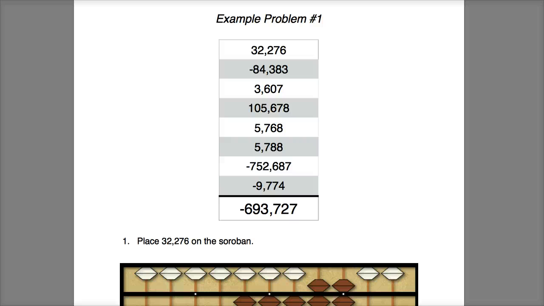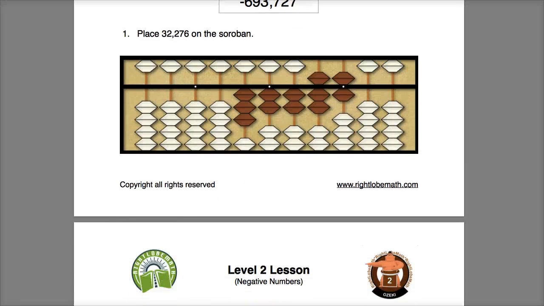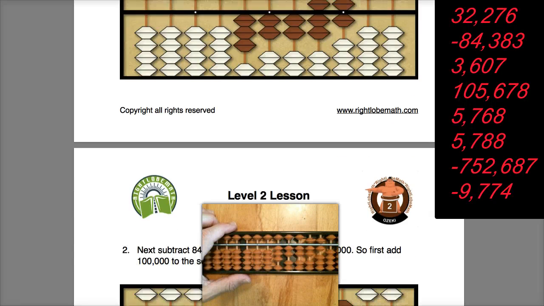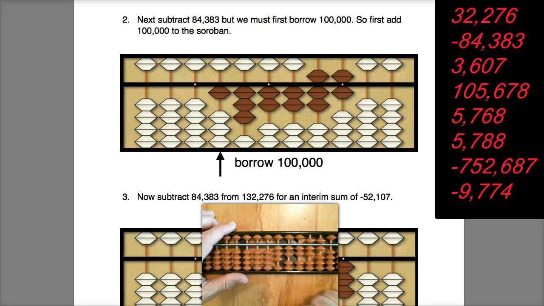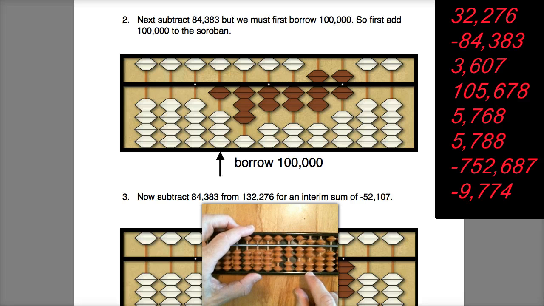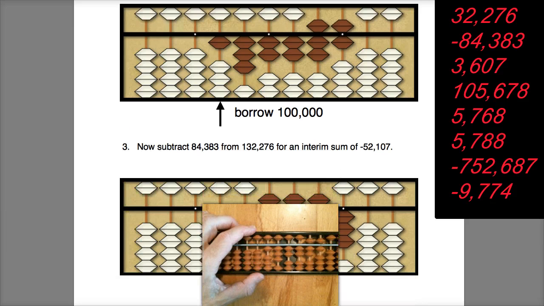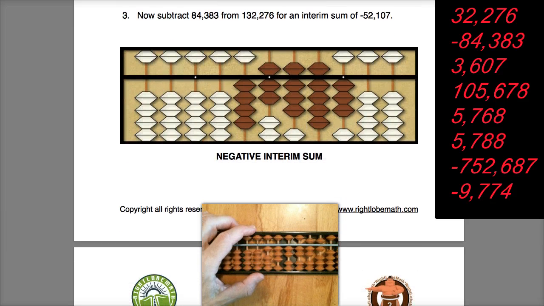All right, let's go ahead and jump into our first sample problem. We're going to start off with 32,276. Okay, so I place that on my soroban. And then next, I want to subtract 84,383. But to do that, I'm first going to have to borrow 100,000. Okay, so just like we did before, now we borrowed the 100,000.